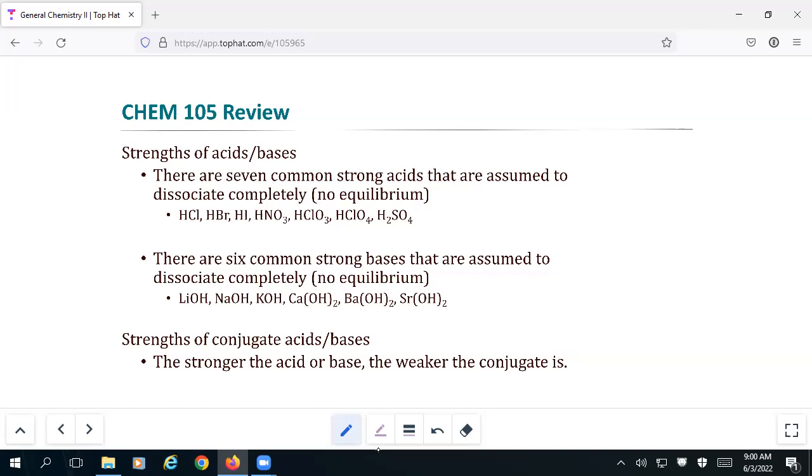Now, in Chem 105, we really only talked about strength from the perspective of memorization largely. These are the strong acids, these are the strong bases, memorize them, everything else is weak. That's more or less what we said. And so just as an identification exercise, again, those are your 7 strong acids: the hydrochloric, hydrobromic, hydroiodic, nitric, chloric, perchloric, and sulfuric acids.